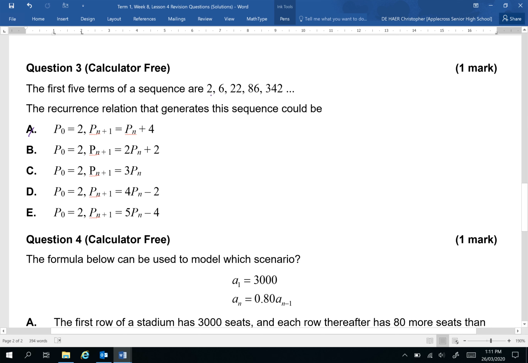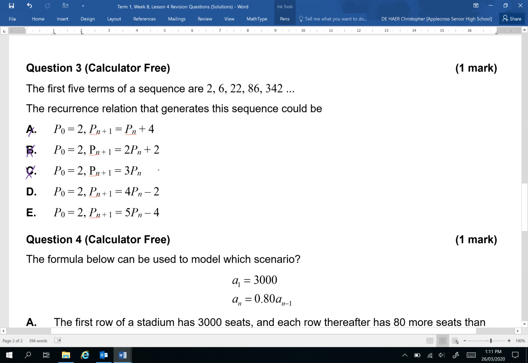That will work from 2 times 3 is 6, but 6 times 3 is going to be 18, so that wouldn't work either. Now, again, you can either try to work out which one of these works. So we could try B, so 2 times 2 plus 2 is 6, but 2 times 6 plus 2 is going to be 14, so B is out.